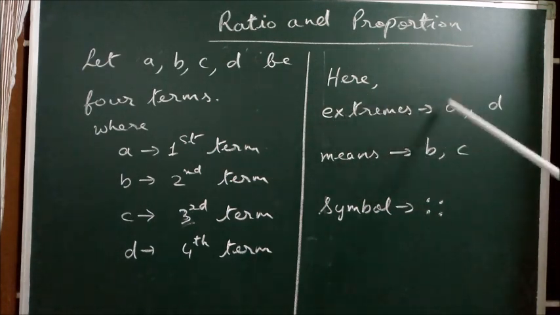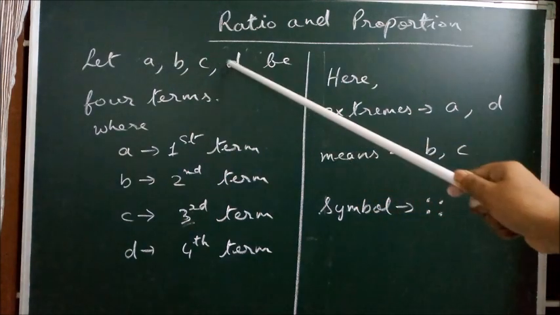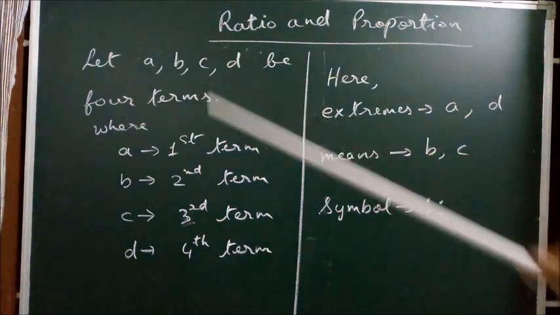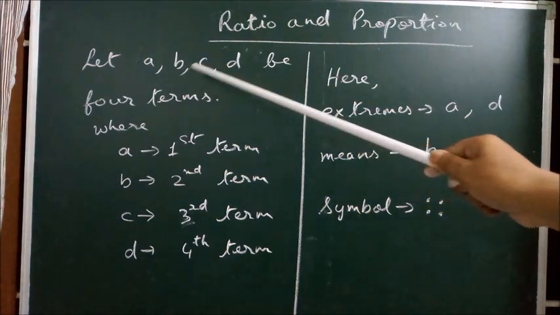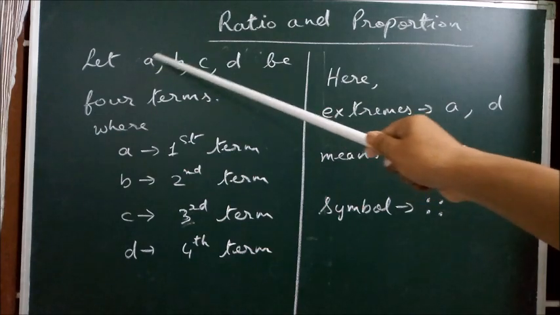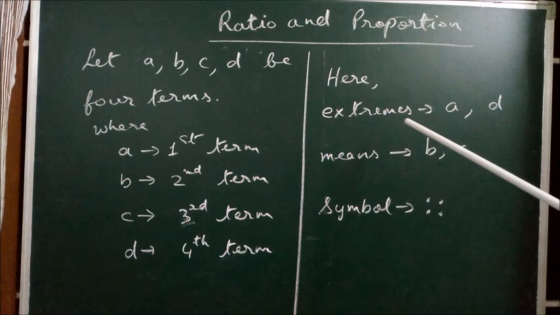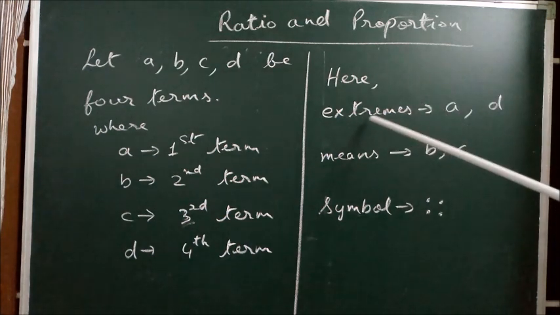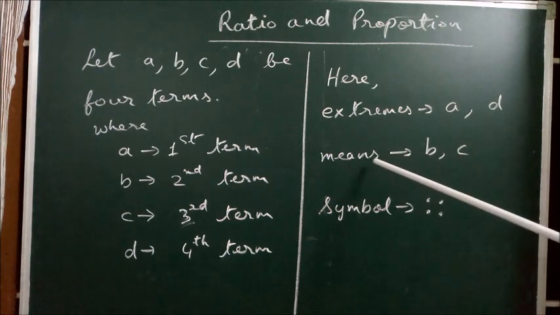Here A and D are the extremes, which are at the corners, and B and C are the means, which are in the middle, between the terms A and D.